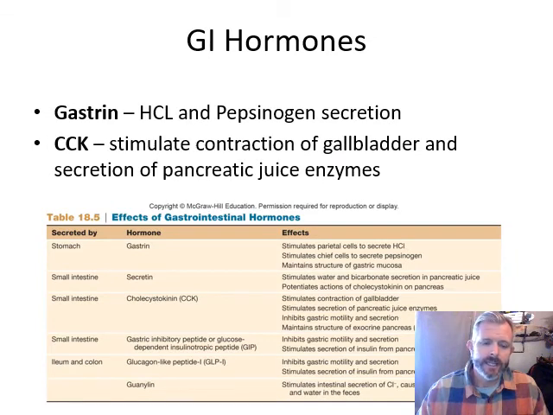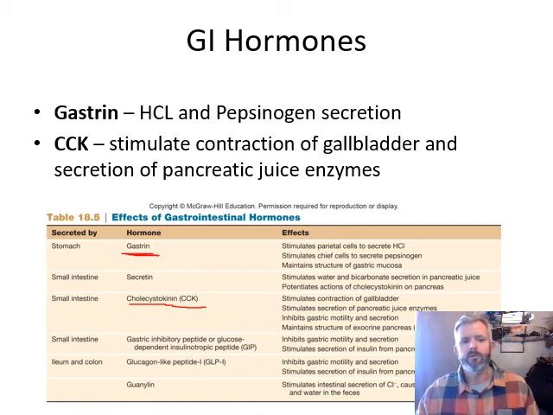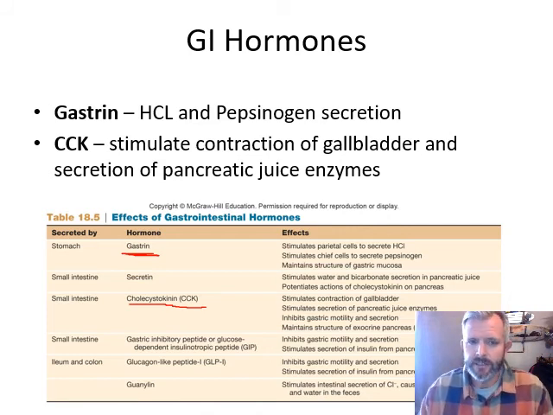So now let's look at a couple of the hormones. I just want you to look at cholecystokinin and gastrin, which are two of the major players in the GI hormones. Gastrin gets secreted.